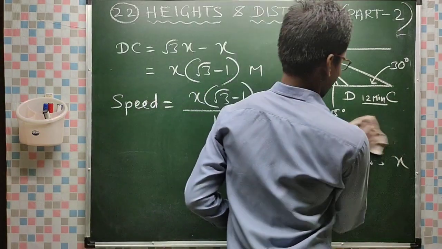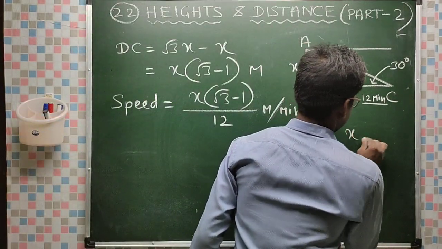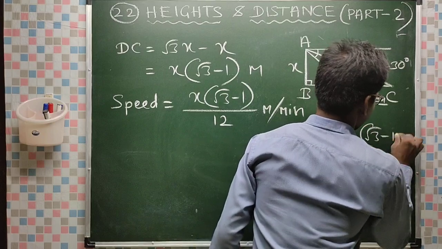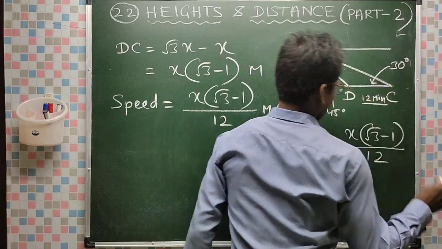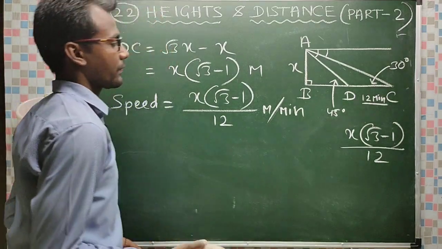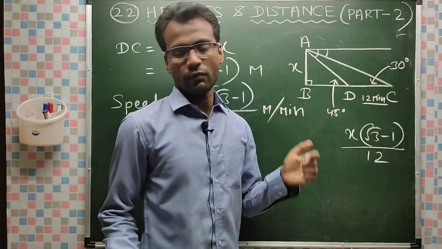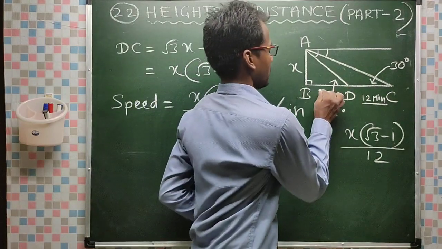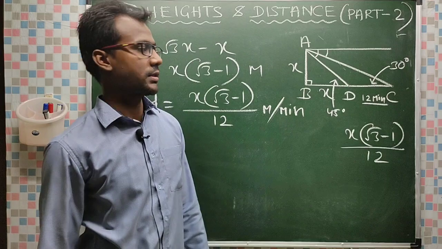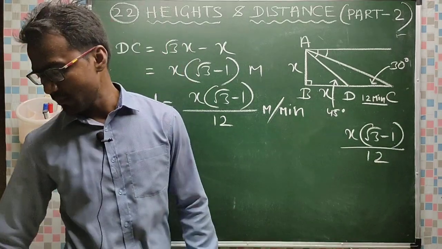This will help us now. Now you have to find how much time the car will take to move from D to B. Now what is the distance from D to B? Distance is x. And this is the speed. So we can easily find the time.